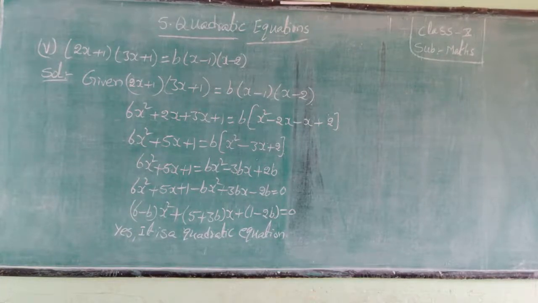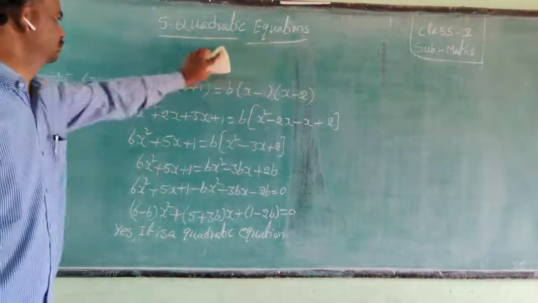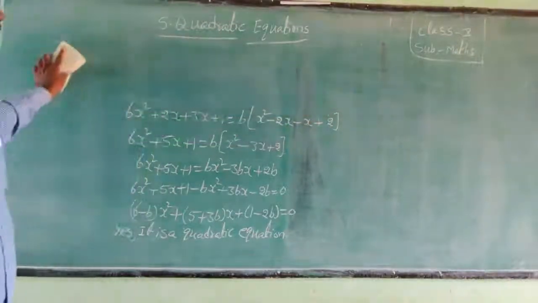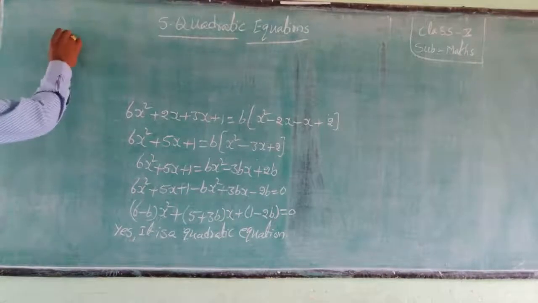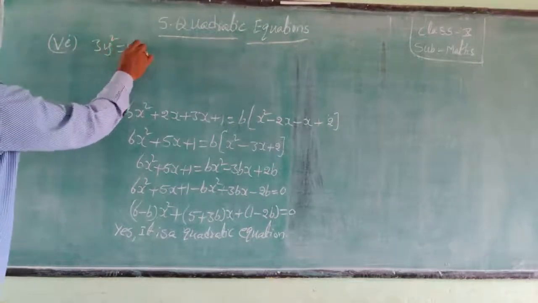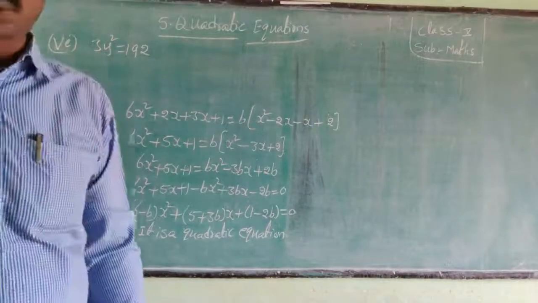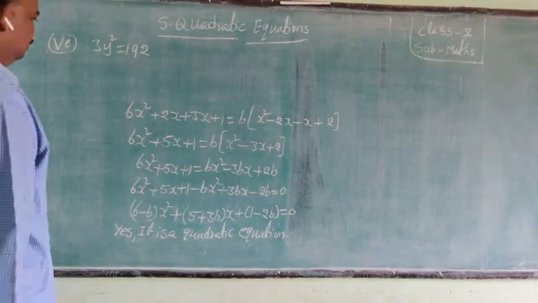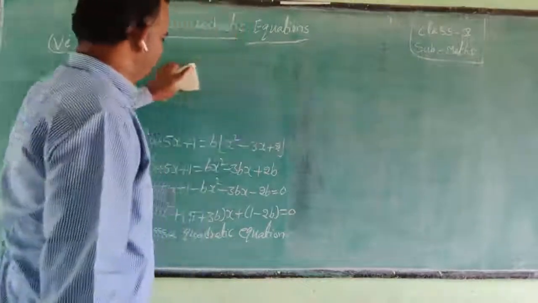And next, sixth one. 3y square is equal to 192.